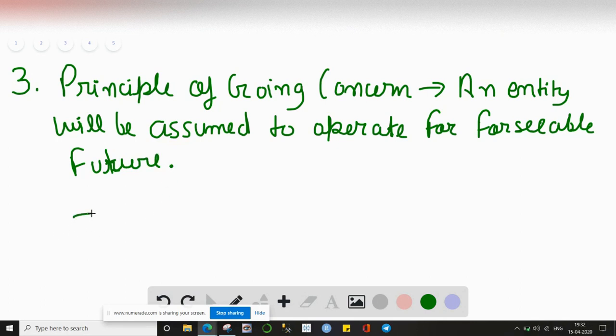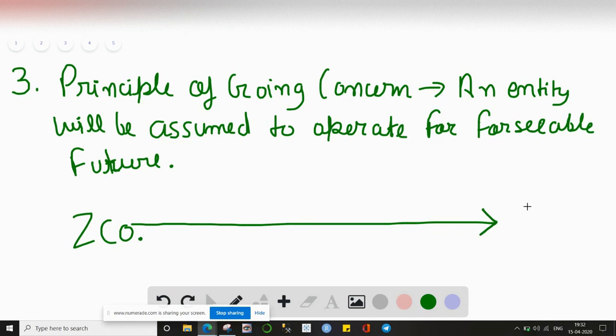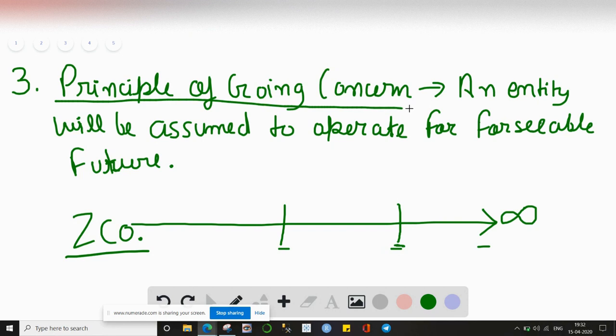Let's say suppose we have Z company. Z company will be required to prepare the financial statements based on the assumption that it will operate the business foreseeably, that it will not conclude that it is likely to collapse in the middle of its life. So Z company will prepare the financial statements based on this concept.